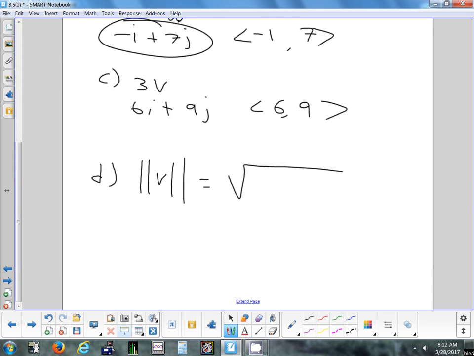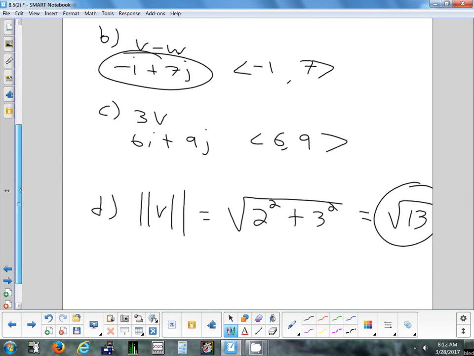It would be 2 squared plus 3 squared, which gives me 4 plus 9, or the square root of 13. And as always, if you can reduce that, you go ahead and reduce it. If you can't, you just leave it like that.